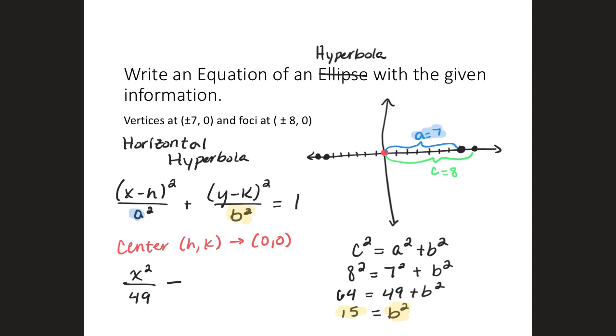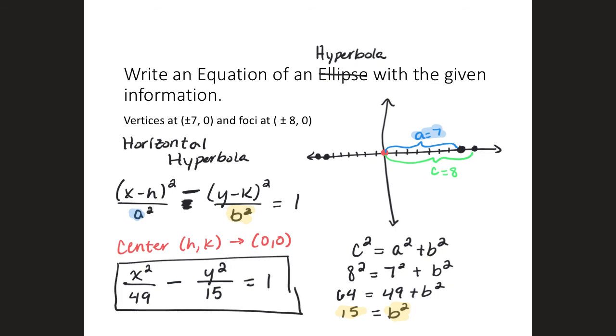I wrote down the equation for an ellipse, but the difference between an ellipse and a hyperbola is the subtraction between the terms. Okay, my y minus k, k value is 0, so I'll just have y squared in the numerator, divided by b squared. I know that b squared is 15, and this is equal to 1. So here's my equation of my hyperbola with the given features.